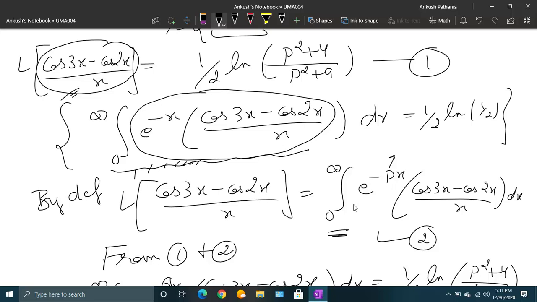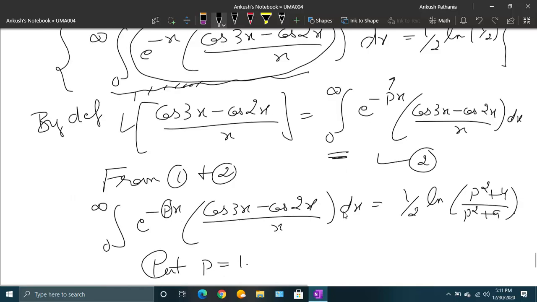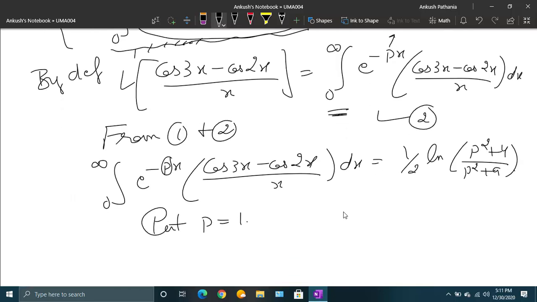Then when I compare it with the definition, I need to just put p equals to 0, because e raised to power minus x will already be there in the question. So if I take the exponential function itself in f(x), then I need not put p equals to 1.